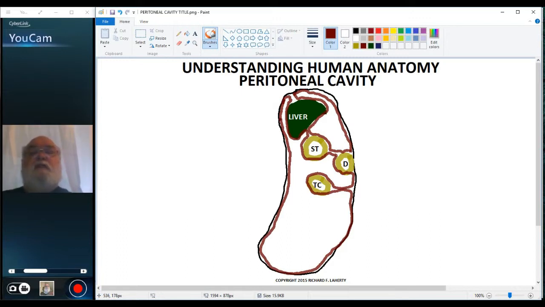Now, the lesser peritoneal sac, I'll again color in right here. Again, basically posterior to the stomach and the liver. We'll label some of our structures. Here is the falciform ligament.